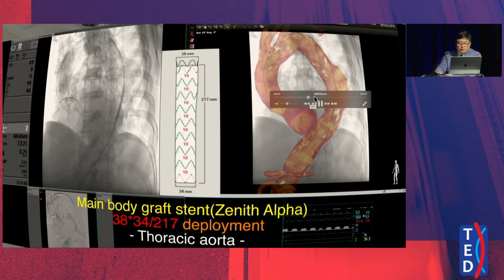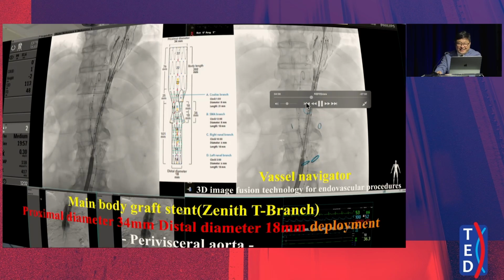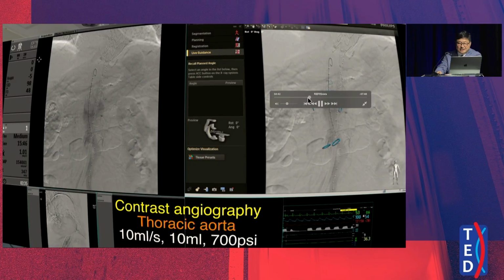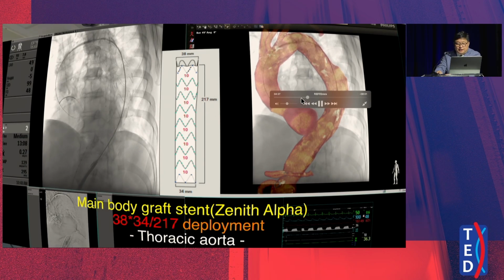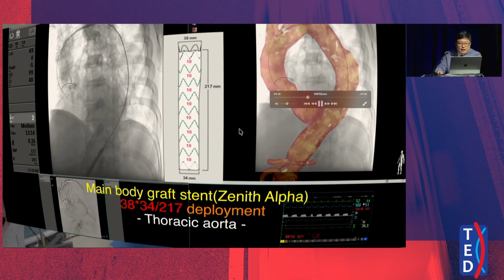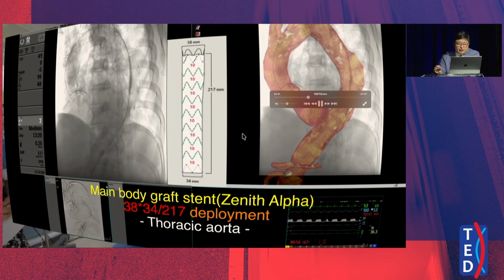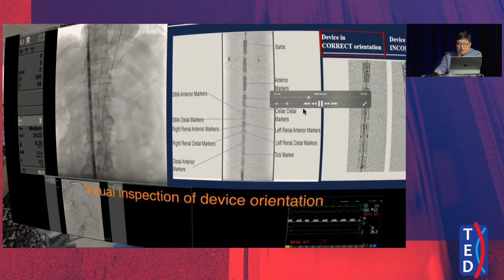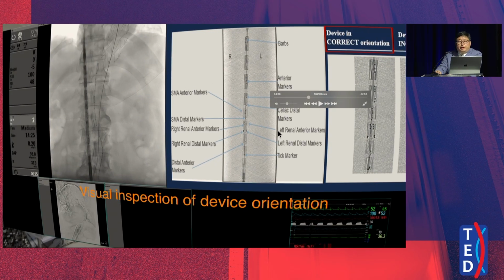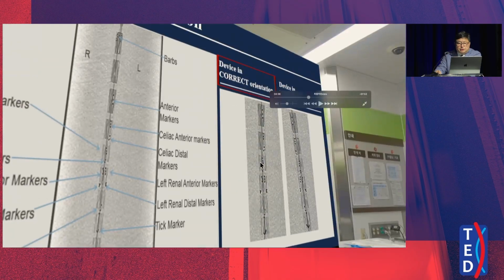This presentation is quite complex, sorry. So this is the proximal Janus alpha, and then we position the T-branch, and the most important thing here is the orientation of the T-branch.